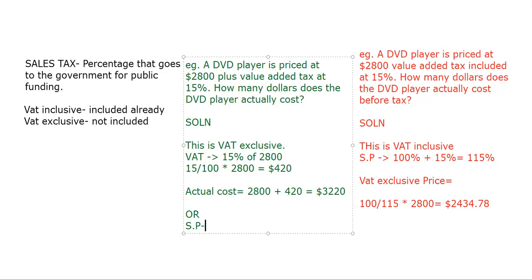I don't think I will make it, I don't have enough time, but you will get the same answer, 3,220. Yeah, so that's that. Hope you guys understand VAT inclusive and VAT exclusive.